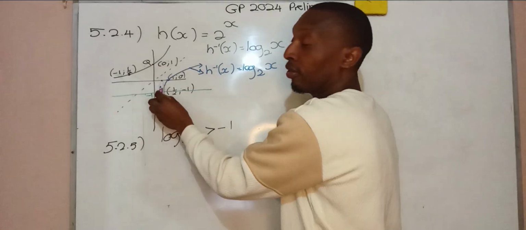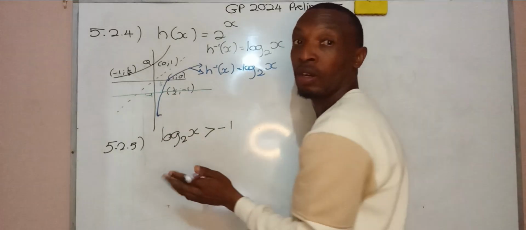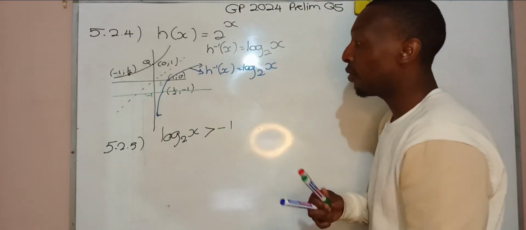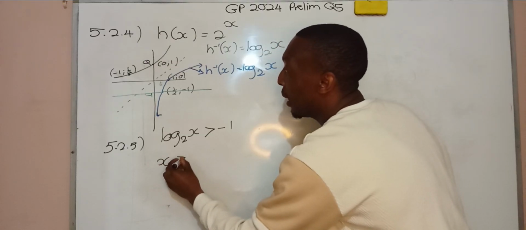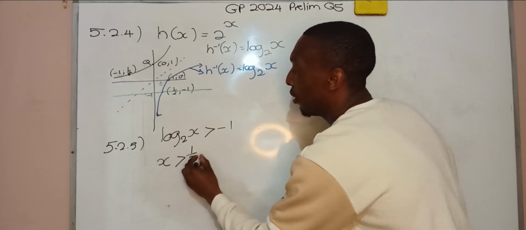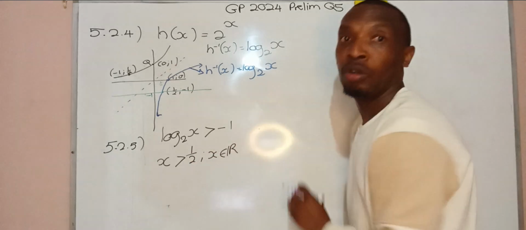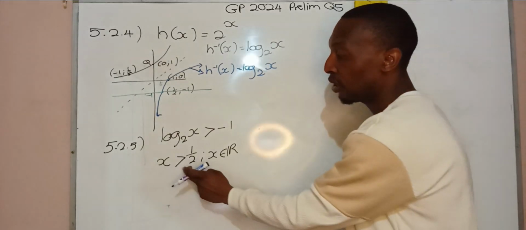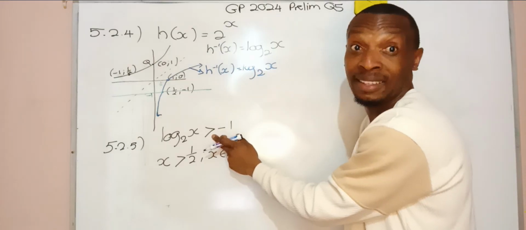It's a half. So from a half, the graph is above the green line. That simply means the graph is above the green line for all x values bigger than a half. But x is an element of the real numbers, so it's for all real numbers bigger than a half. It's not bigger than or equal to, because -1 is not included there either.